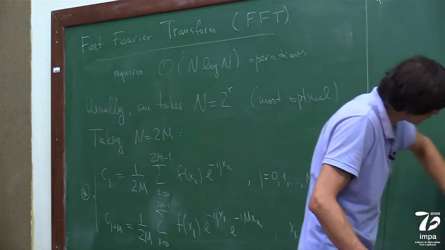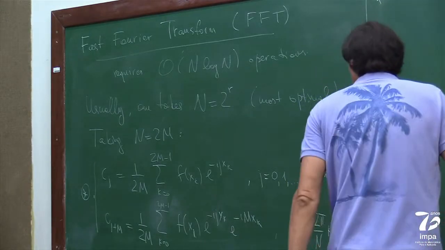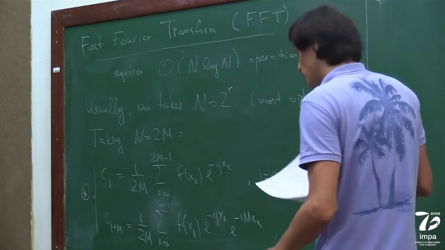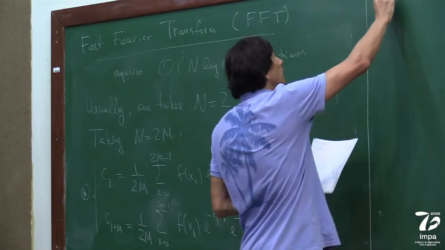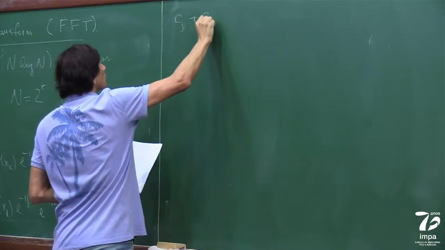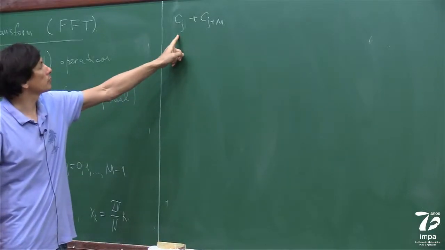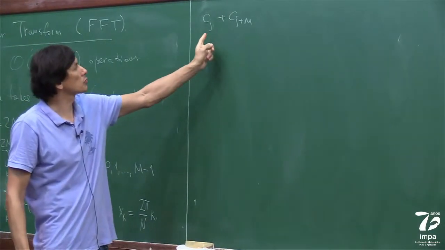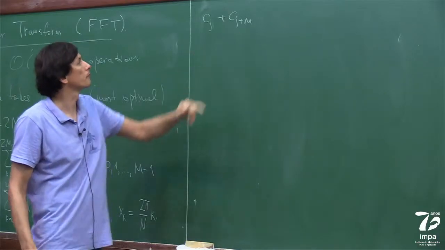So the trick is to take a sum and difference. So the trick is just taking the sum and taking the difference of these points. So taking the sum of each Fourier coefficient with the Fourier coefficient which is half an interval in front.